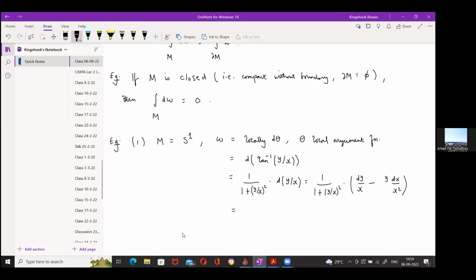So what do we get? Multiply above and below by x squared. So I make this an x squared on top and an x squared here, and this becomes a y squared here.